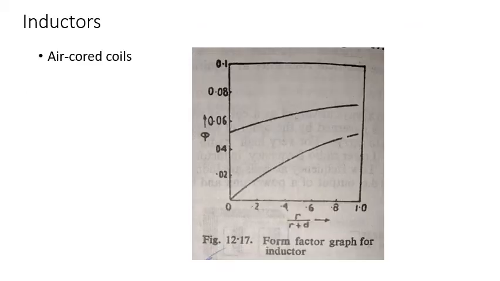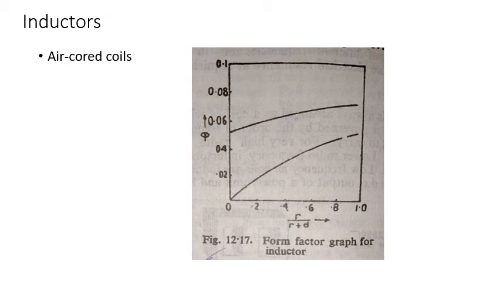Now the air core coils. The flux leakage factor in air core coils depends especially on the coil length, its radius, and the depth and number of layers of the wire.